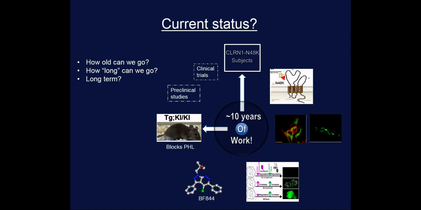So that's how far we have come. At this time the Usher3 initiative has taken the small molecule BF844 and is proceeding with additional preclinical studies necessary for regulatory approval. Hopefully in the future we will be able to take this to clinical trials.